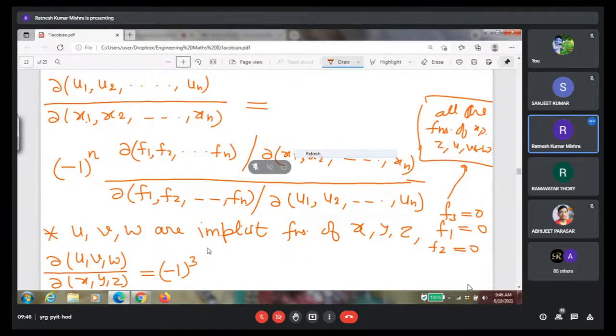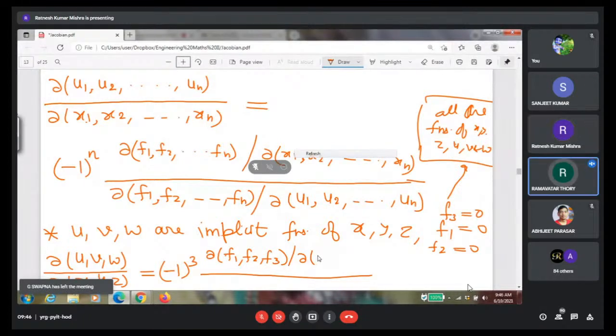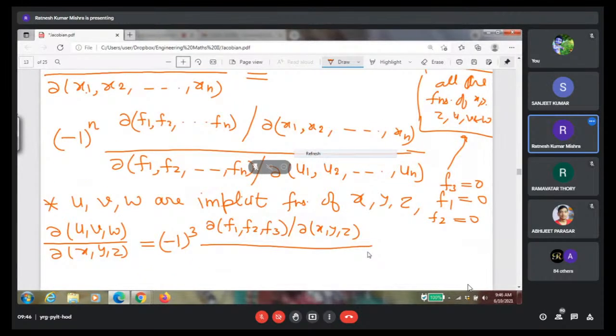Next, the Jacobian of f1, f2, f3 with respect to x, y, z, correct, divided by the Jacobian with respect to u, v, w.